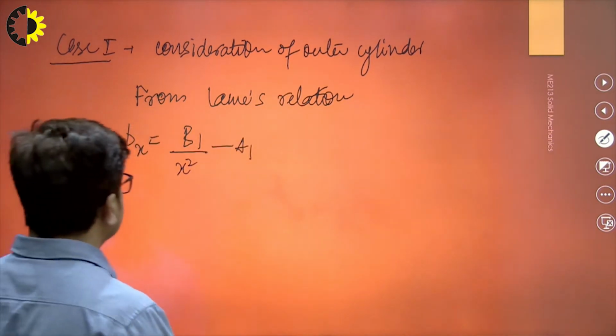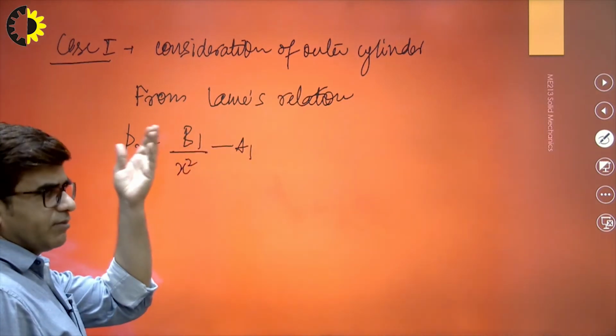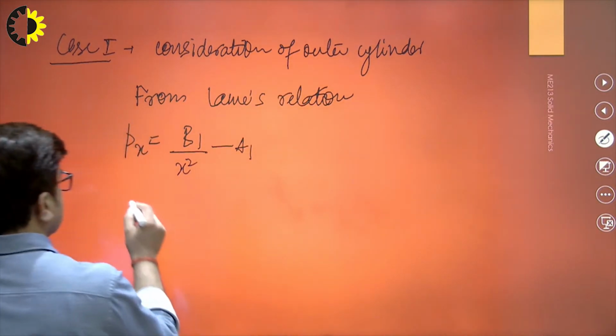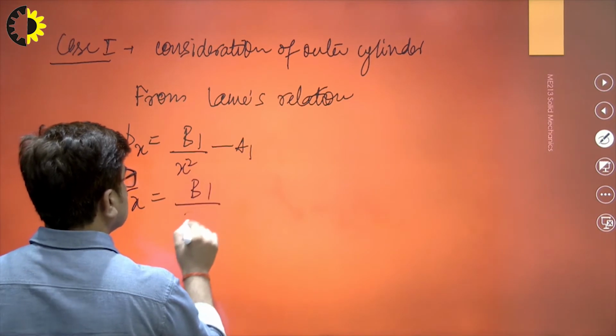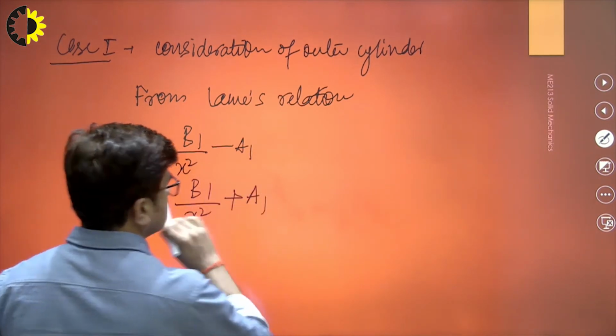So for the outer cylinder I will take constants capital A1 and capital B1, and sigma x equal to B1 by x square plus A1.